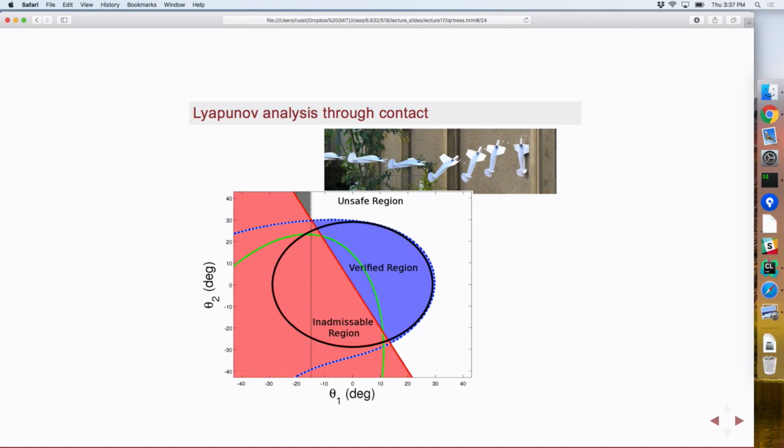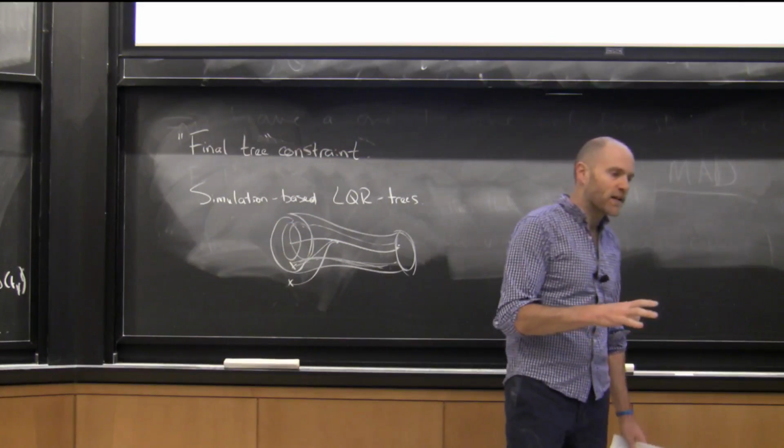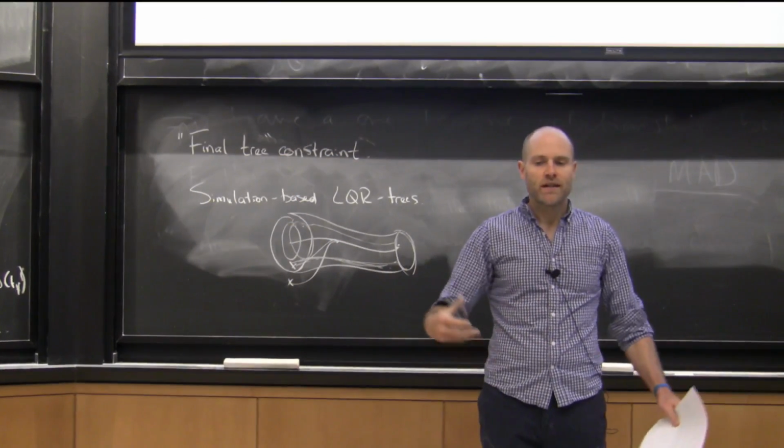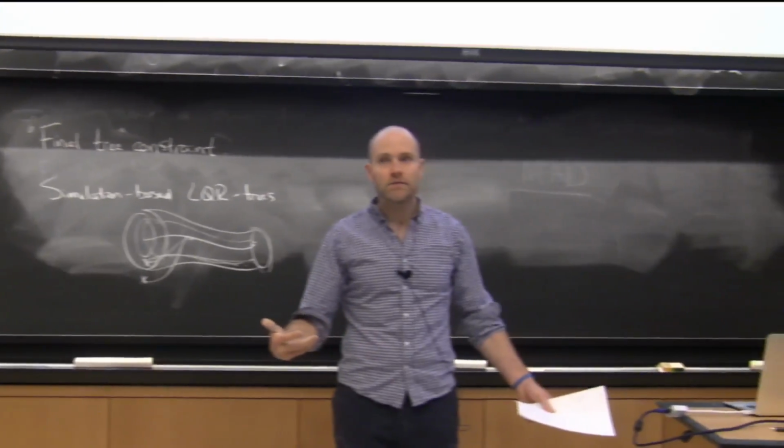But once we were able to do at least limited sums of squares through contact with the complementarity constraints, then we got to do things like perching on a wall and coming up with the region of attraction that works through contact basically. So the same kind of maneuvers, the same kind of filling the space, can now work for systems that make or break contact.